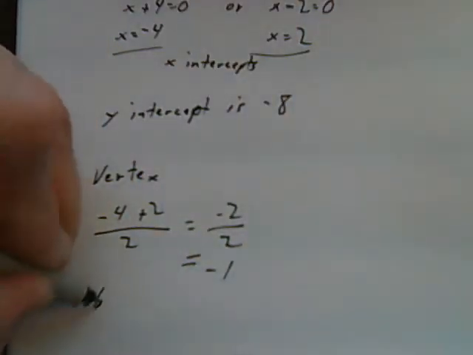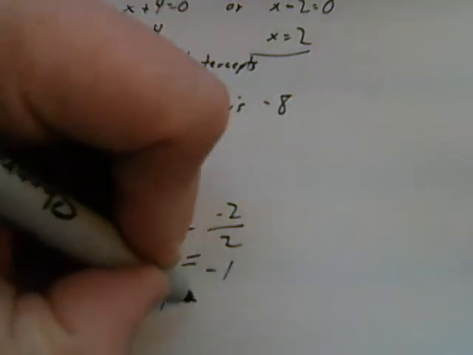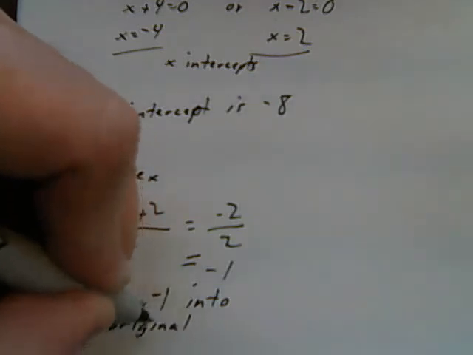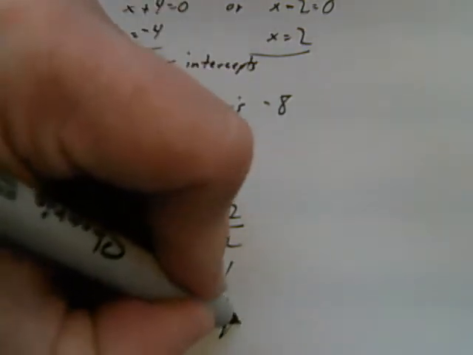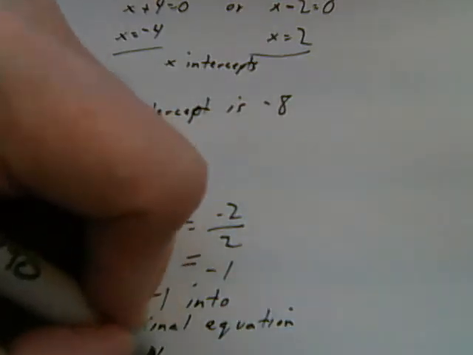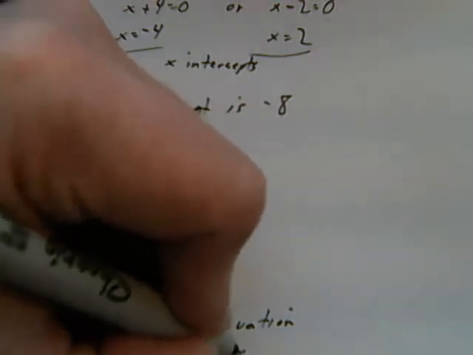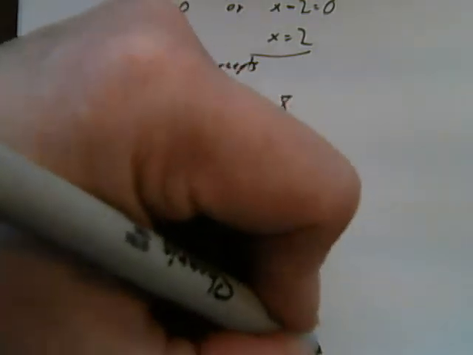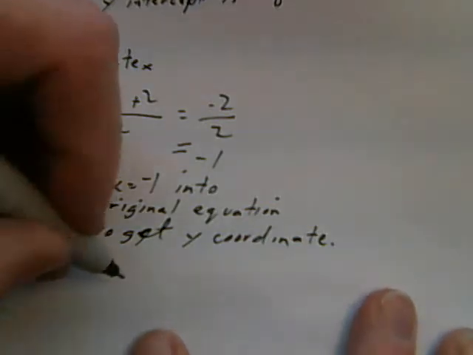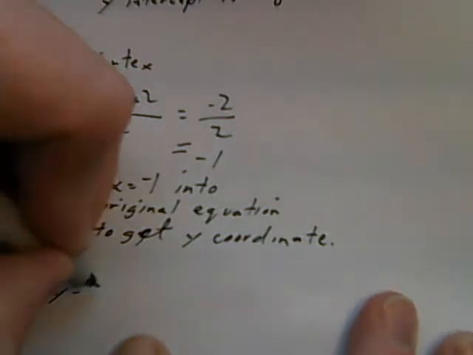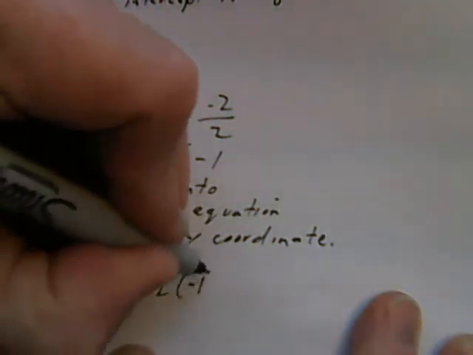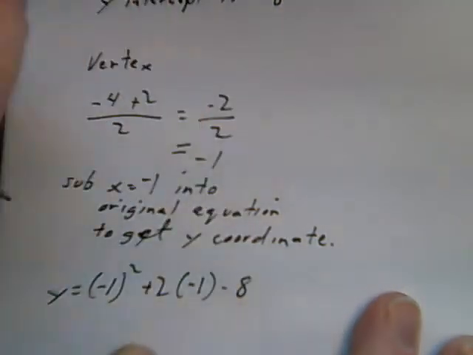Now I will sub x equals negative 1 into the original equation to get the y-coordinate. Okay, so here we go. I'm going to say y equals negative 1 squared plus 2 times negative 1 minus 8.